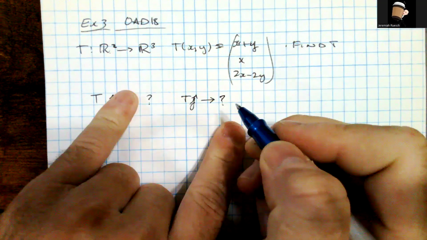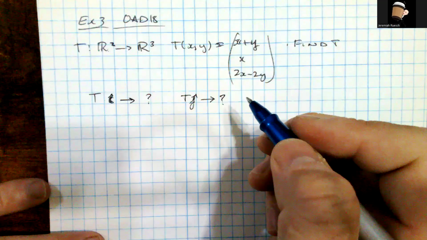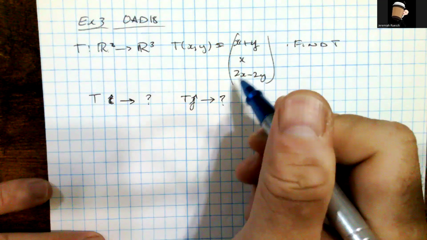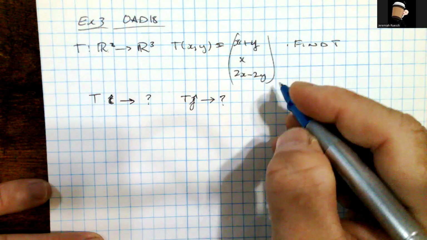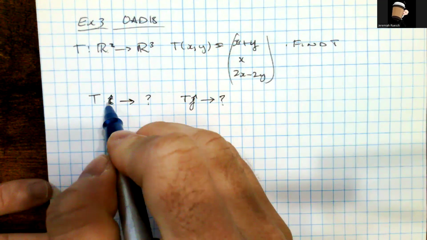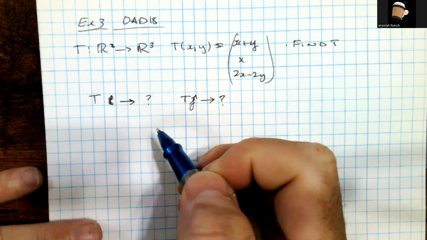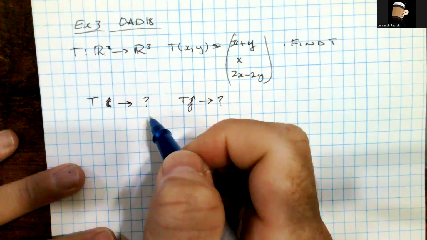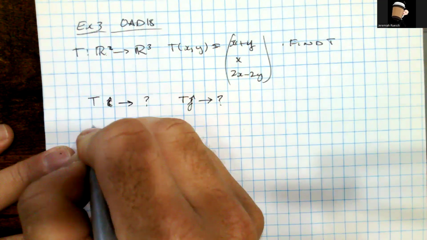If I can answer where those get mapped to, then that can help me figure out what the matrix associated with this transformation T is. This is true of any matrix, but the nice thing about i hat and j hat is that, of course, they're both unit vectors, but also one of their components is 0. So that's very helpful. Okay, so let's look at this transformation and see what happens.